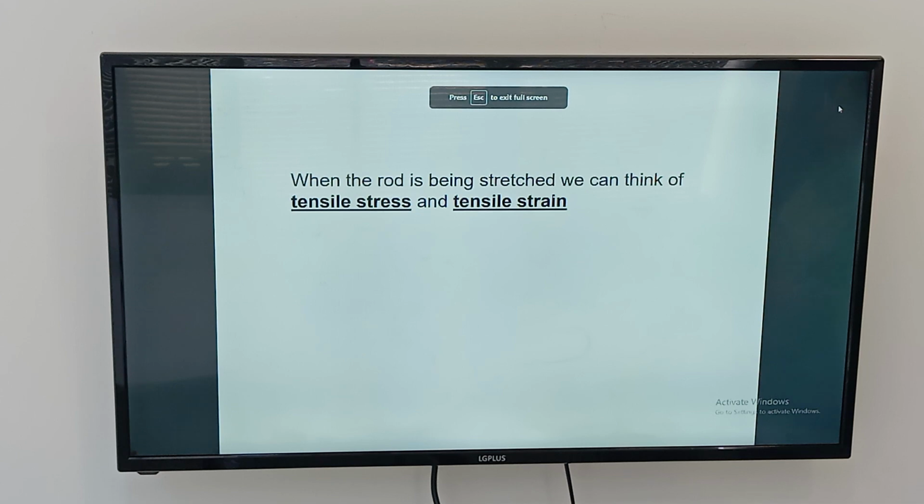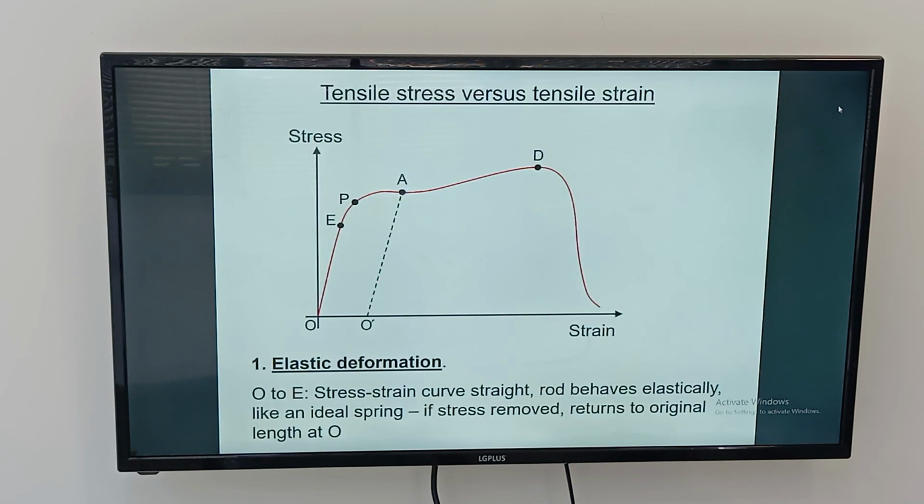When the rod is being stretched, we can think about tensile quantities. We have two new words, which are tensile stress and tensile strain. We can understand the meaning of these two words by looking at this diagram. As I mentioned before, you will not notice the physical or visual changes of the rod when a force is applied to it.